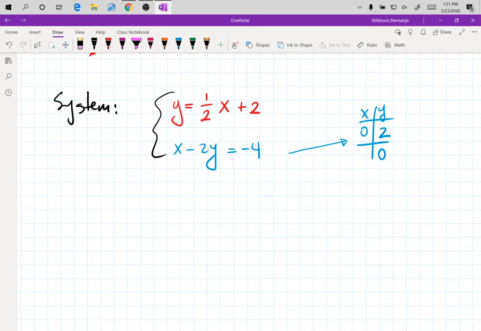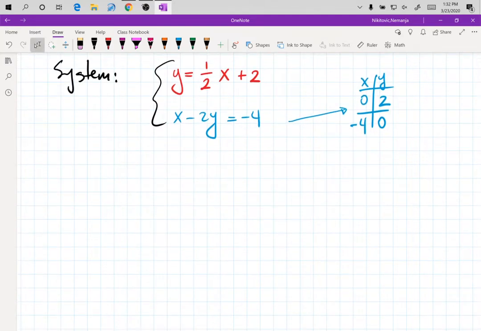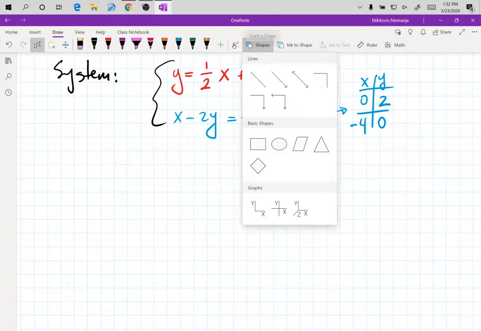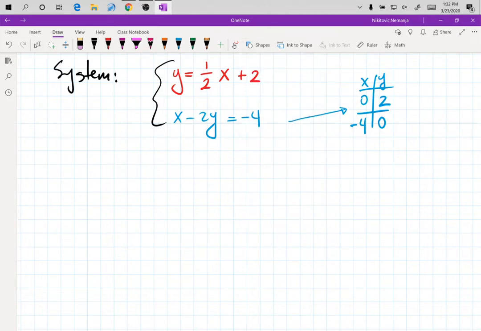And then when y is equal to 0, it kills off y, x is -4. So the red equation is easy to graph because we just do counting. And the blue equation is the one that is given in standard form where we do x and y intercept, which is the chart on the side. So now all we need to do is to graph these, and we see if they intersect at one point, if they're parallel, or if they are the same line. Now, as I said, this should work out to be the same line.